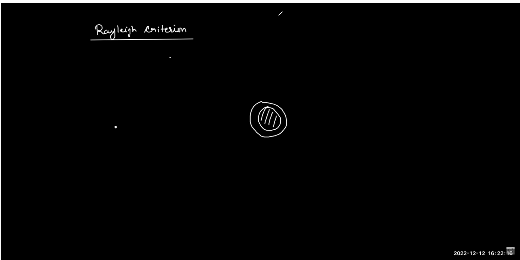If I take another point object which is very close to the first object, then it will also create its own bright fringe, and because it is slightly up or down, it will have some position like this, or maybe like this. So this bright fringe, and it will have some concentric bright rings also like this.